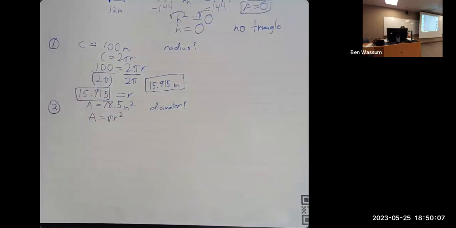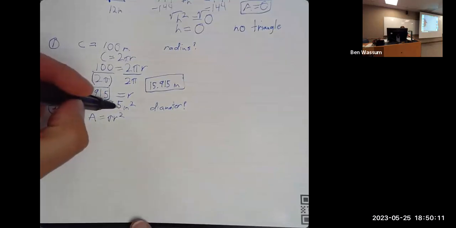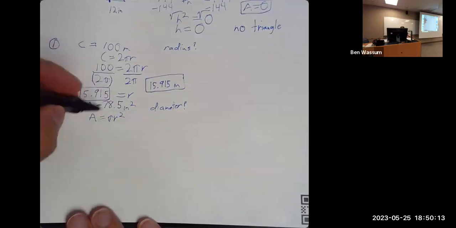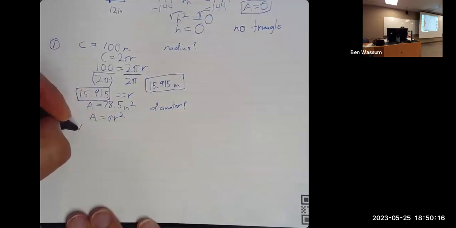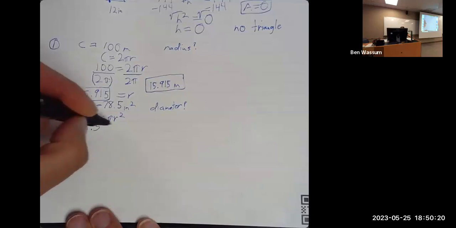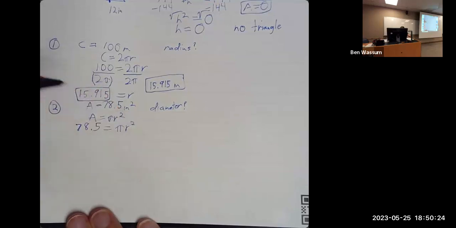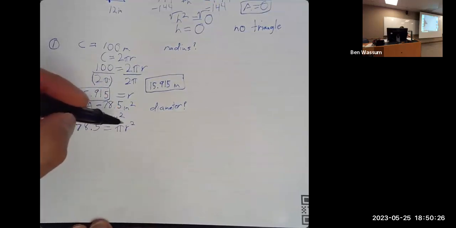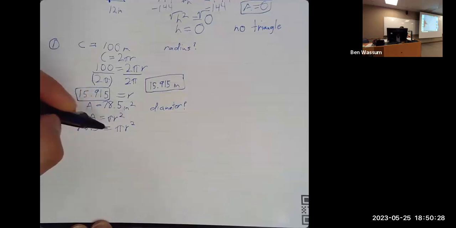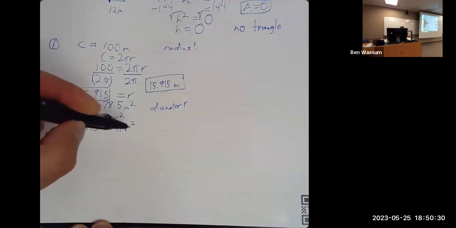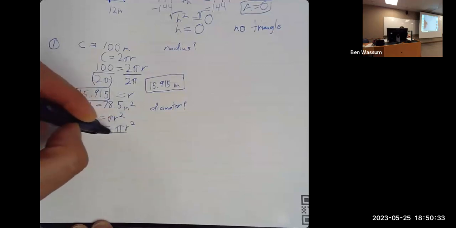Just pi r squared. And we know the A part is going to be this number, so I'm going to set it equal to that. We're trying to get the r alone. The thing in our way is that pi, so we divide off pi.